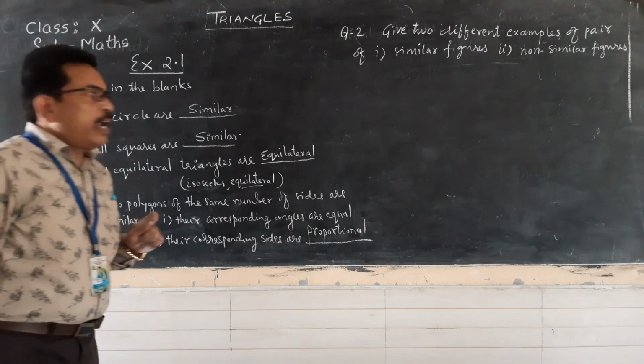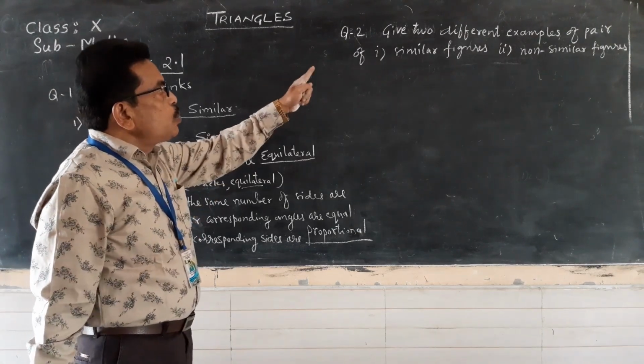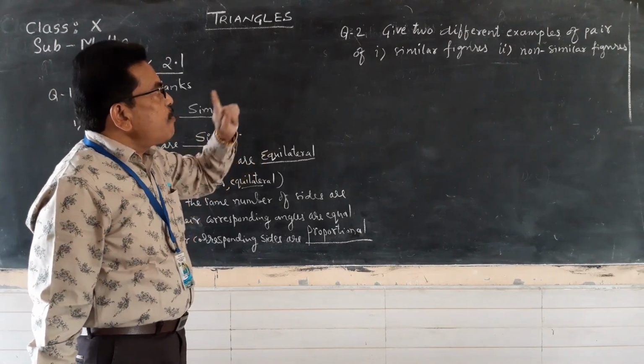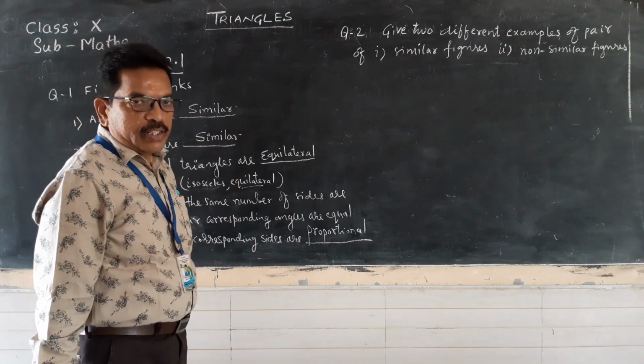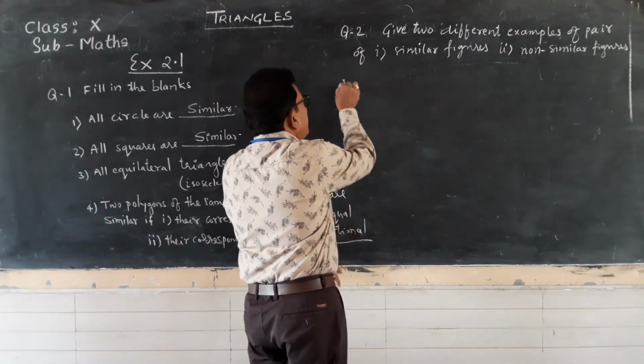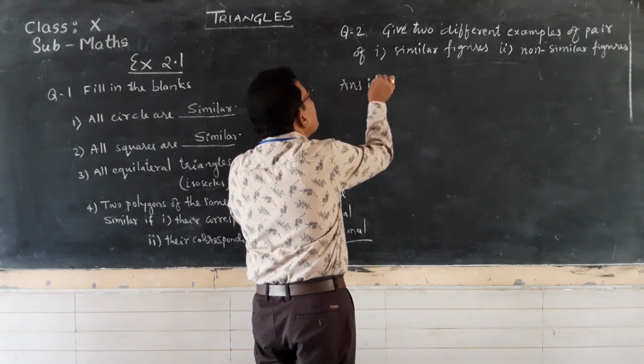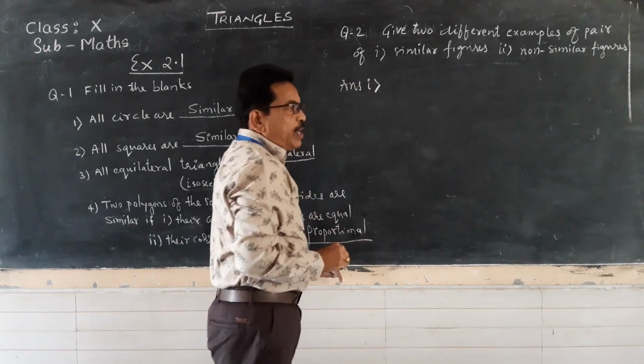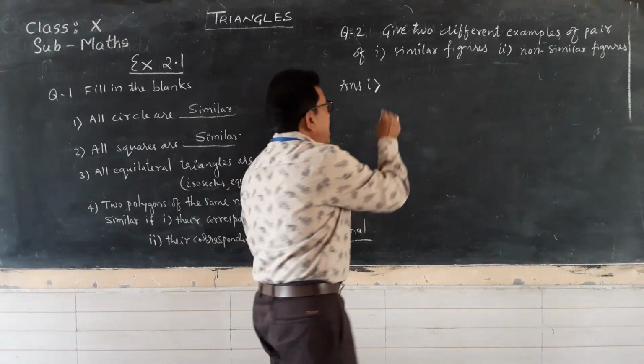Now let us move to the second question. Give two different examples of a pair of similar figures. Answer 1: two similar triangles.